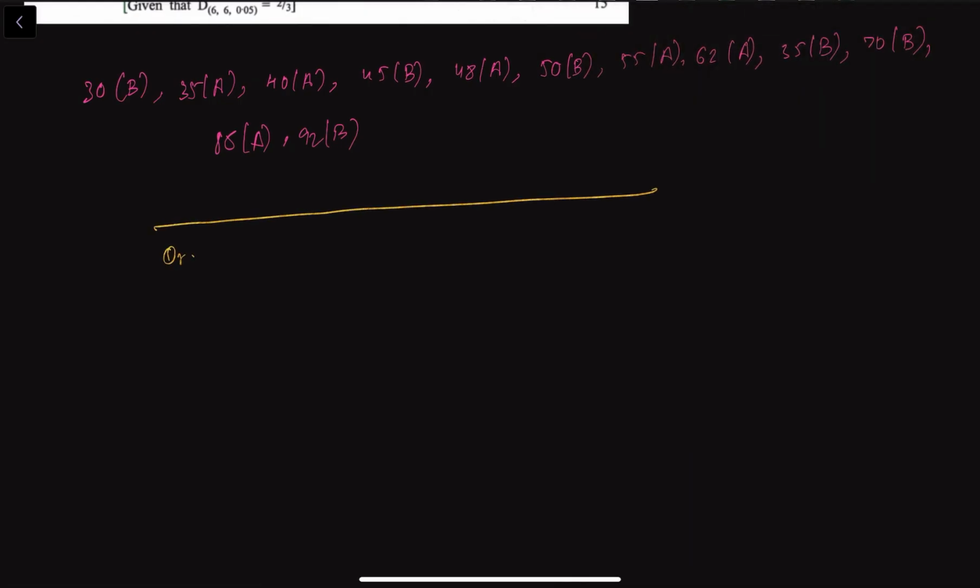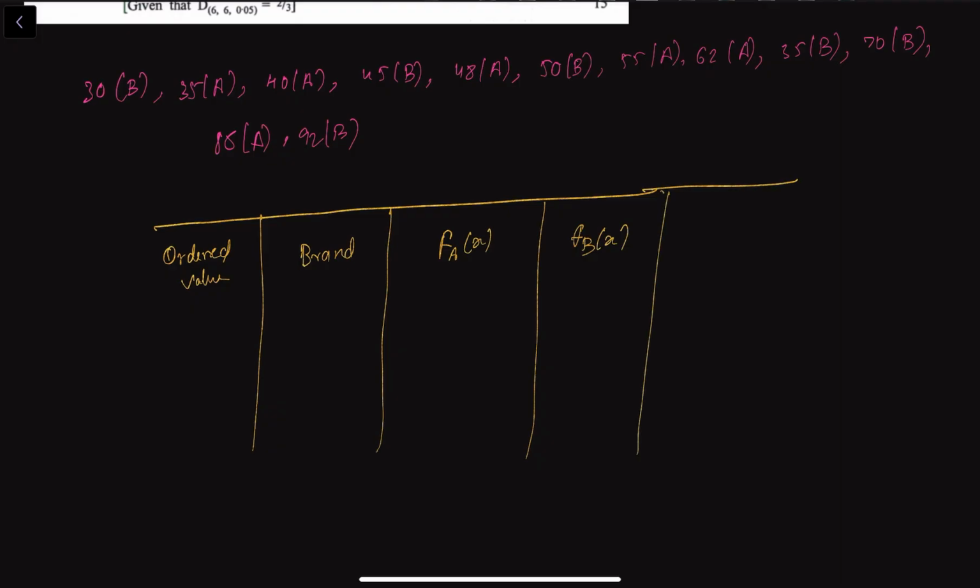I'm writing the ordered values in the first column, then the brand they come from, then the empirical distribution of A, then the empirical distribution of B, and then the absolute difference of their empirical distributions.